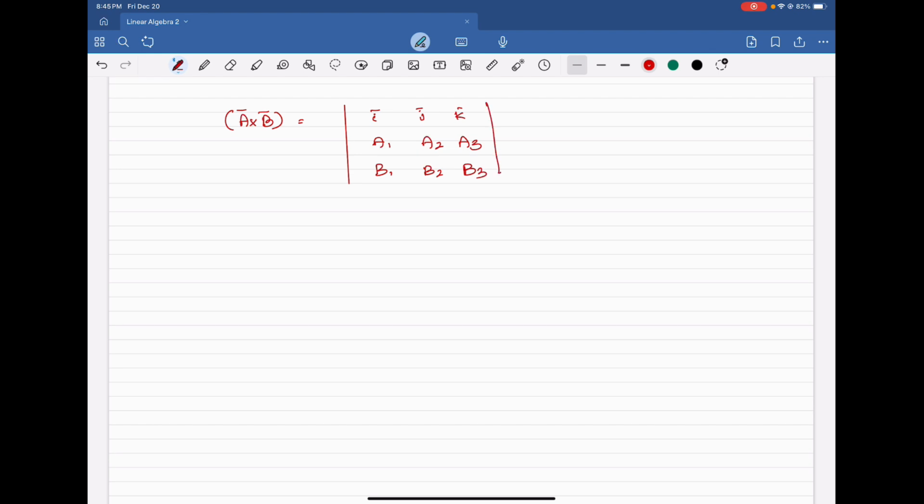How is it written? i into (A2 B3 minus B2 A3), minus j into (A1 B3 minus B1 A3), plus k into (A1 B2 minus B1 A2). This is the cross product.